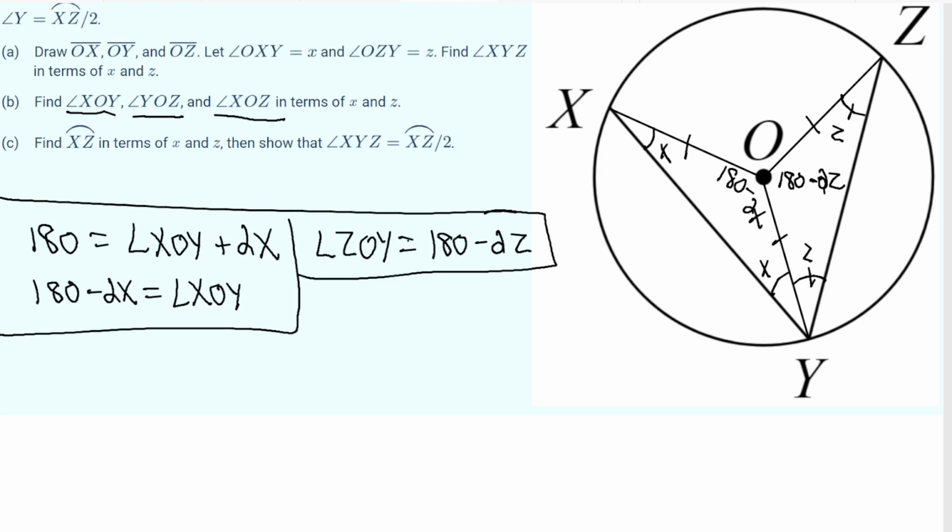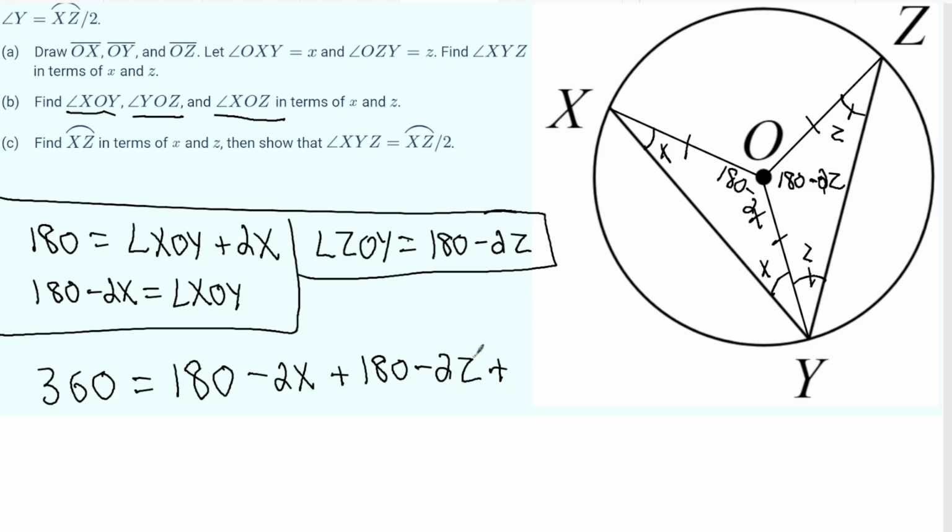So we can set up an equation just like that. 360 degrees is equal to angle XOY, which we know is 180 minus 2x, plus angle ZOY, which is 180 minus 2z, plus the angle we're trying to get an expression for, that angle XOZ.